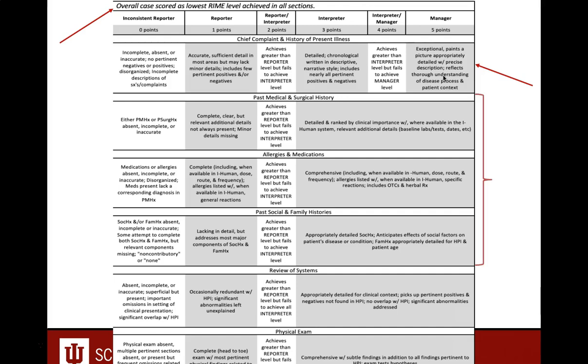You then have your past medical and surgical history, allergies and medications, and past social and family histories. You have your review of systems, and you have your physical exam section.